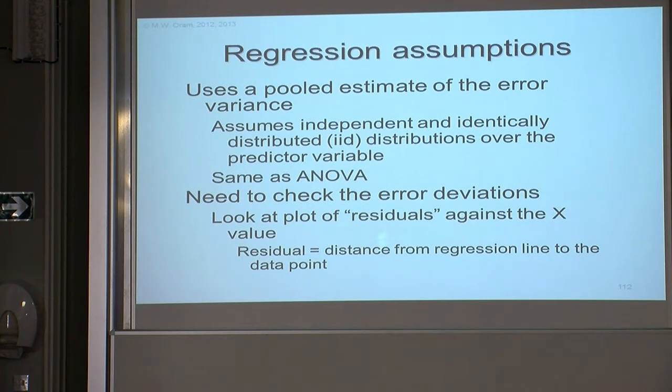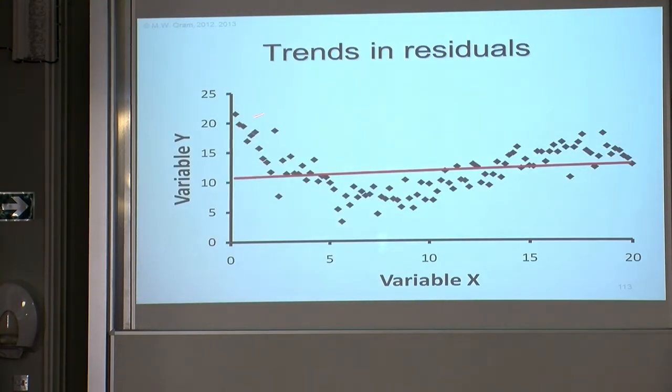So to check for IID, what you want to do is look at the residual, the distance from the regression line to the data point, that error term, as a function of x. So here's one of those scatter plots that I showed earlier. Its correlation and covariance is very close to 0. And that's the line, and it does have a tiny, tiny slope on it that corresponds to those data points.